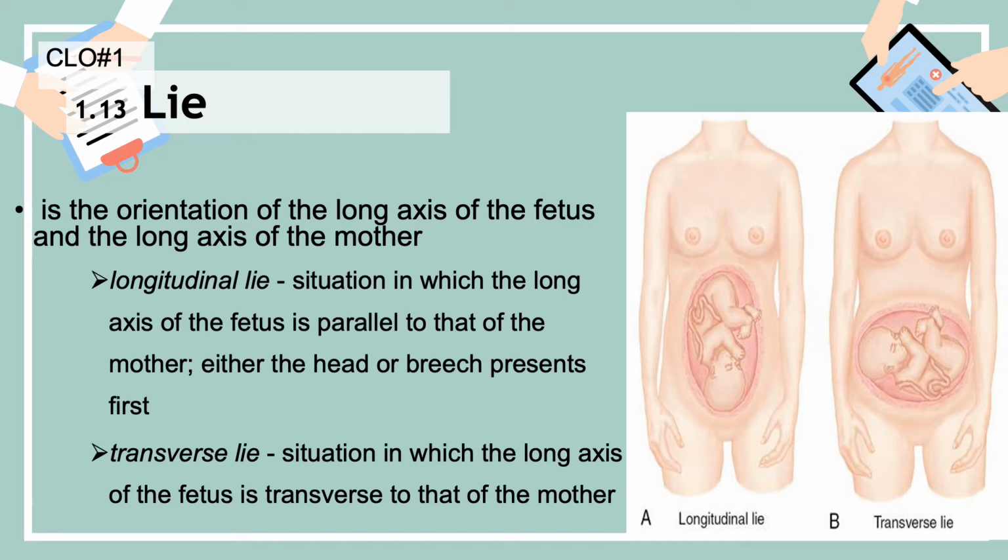For figure B, we have transverse lie, which is the situation in which the long axis of the fetus is transverse to that of the mother. So the most common of these lies or orientations is the longitudinal lie. This is along with the cephalic and breech presentation.